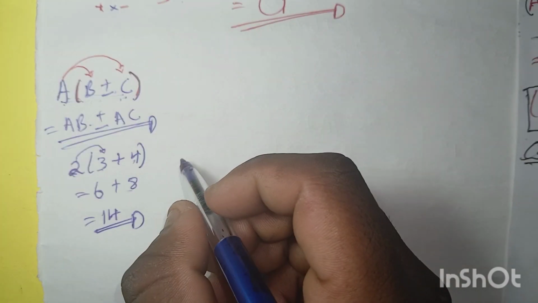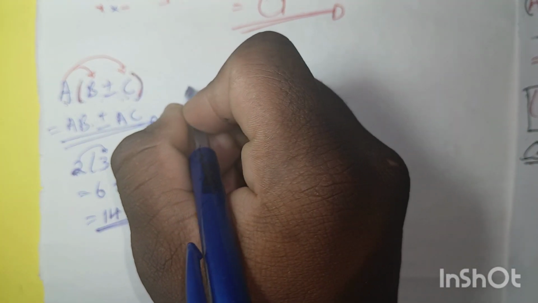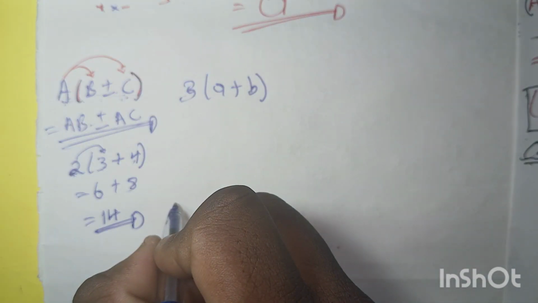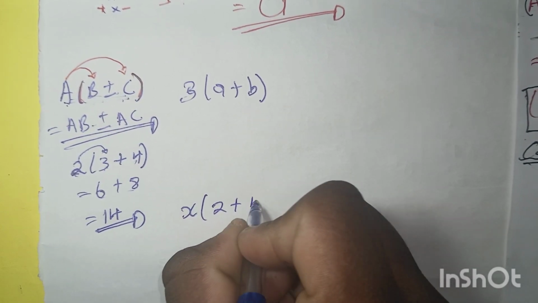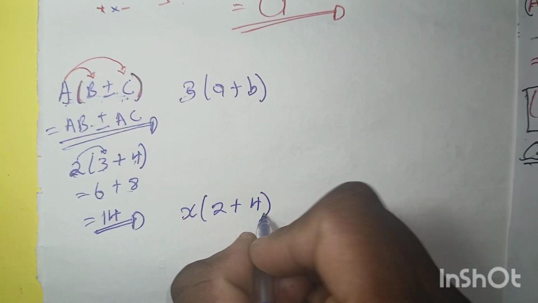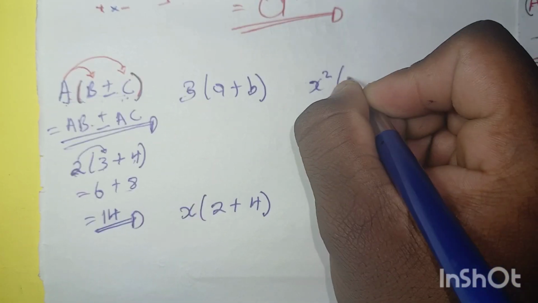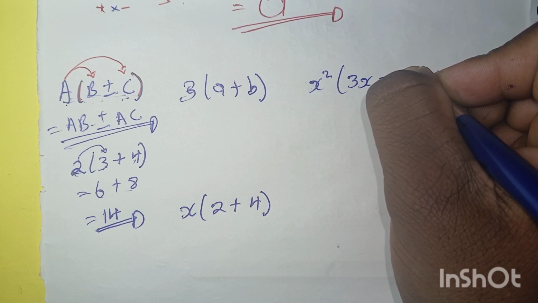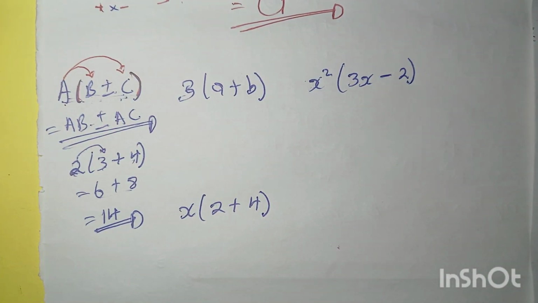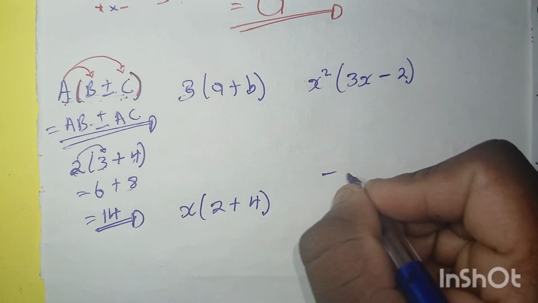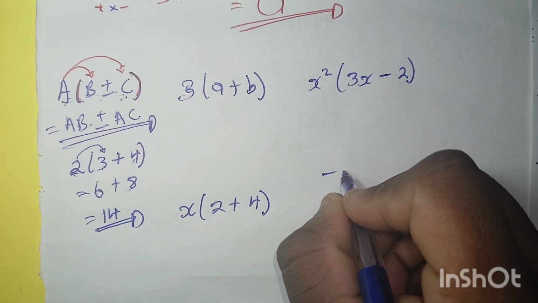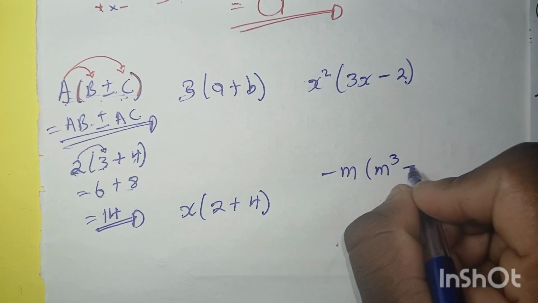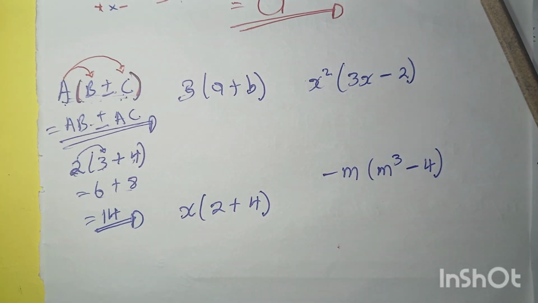So check something. If you got something like 3(a plus b), and also, let me say, x(2 plus 4), and now let me go deeper: x(x plus 2) and 3x(x minus 2). And the last one here, m(3 minus 4).